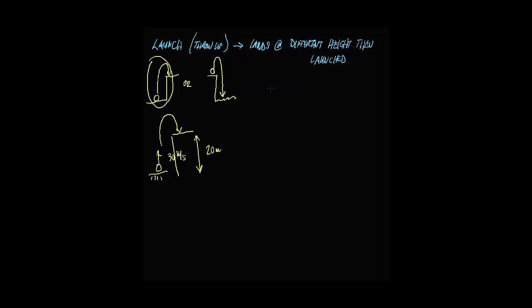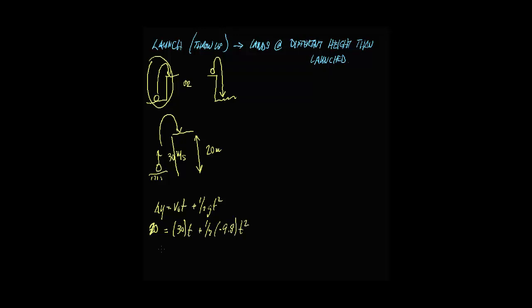Most books that I've seen will go straight through and solve this using the delta y equation, which is a perfectly valid way to do it. They're going to put in 20 meters as the distance, initial velocity 30 times time, plus half of minus 9.8, times t squared.